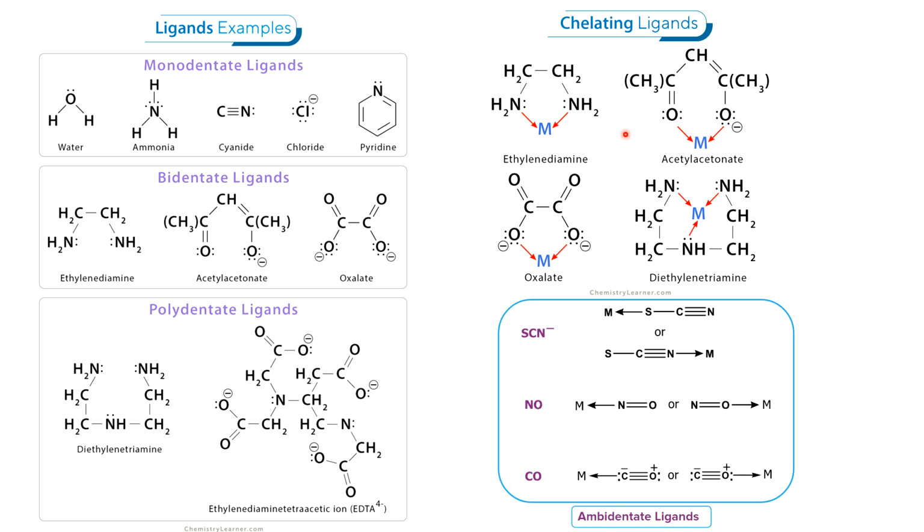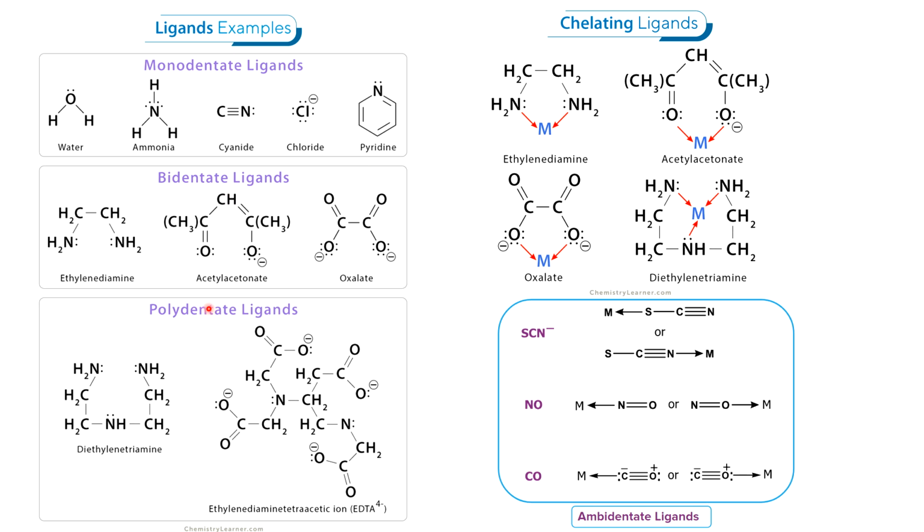Now, what are chelating ligands? When bidentate or polydentate ligands donate to the metal through both donor atoms and make a ring, that is called a chelate, and the ligand is called a chelating ligand.